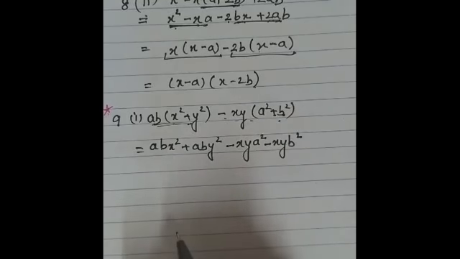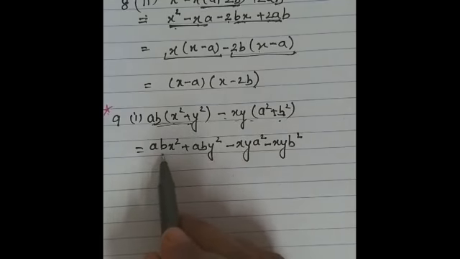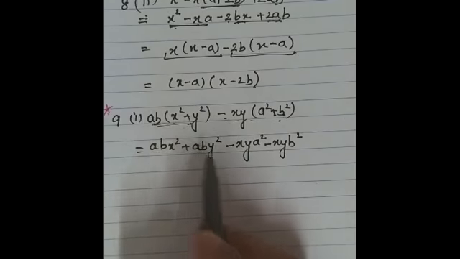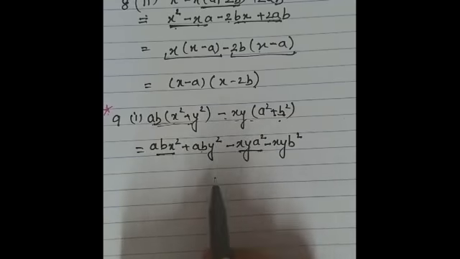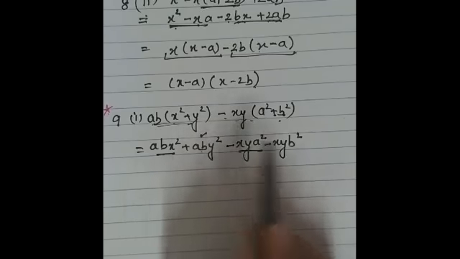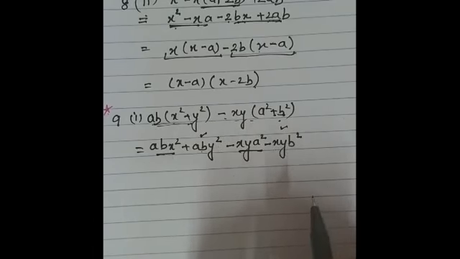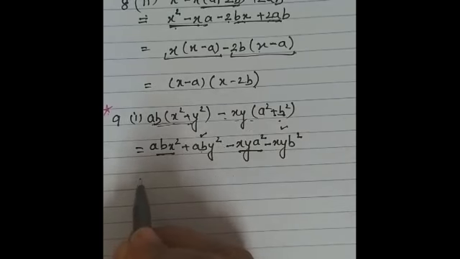Okay, now we have to form the groups. Now children, it's quite obvious that we are not going to form the groups of first and second term because already they were together. Now we'll change the terms to make a group. Now if I make this first and third one as one group and this second and fourth one as second group, let's see what happens.